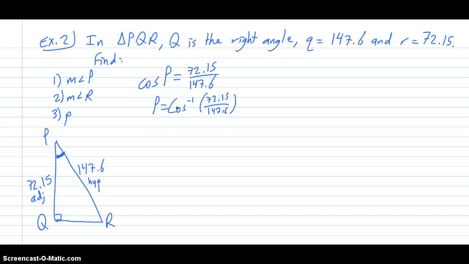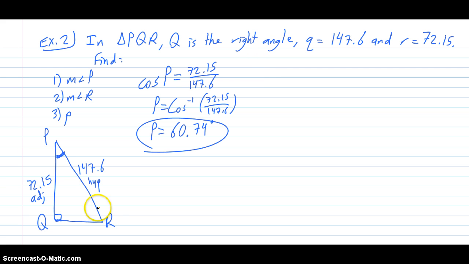So inverse cosine of 72.15 divided by 147.6 gives you an angle of roughly 60.74 degrees. Okay? So I'm okay with 2 decimal places for the angle. So there's angle P.